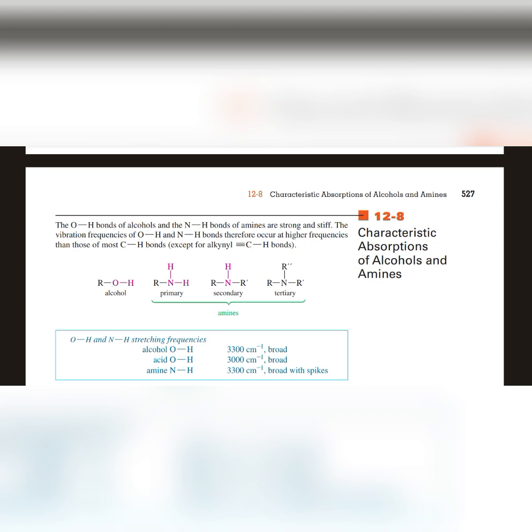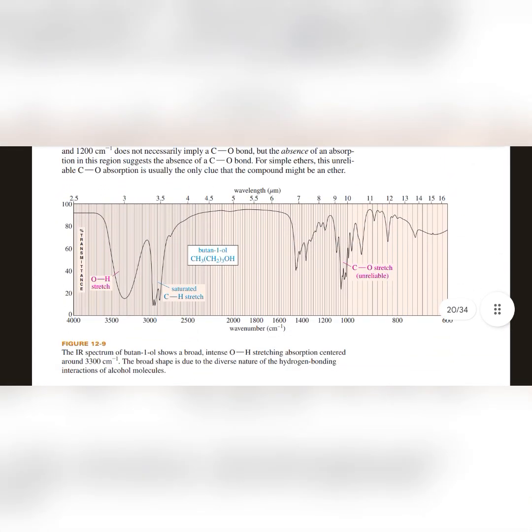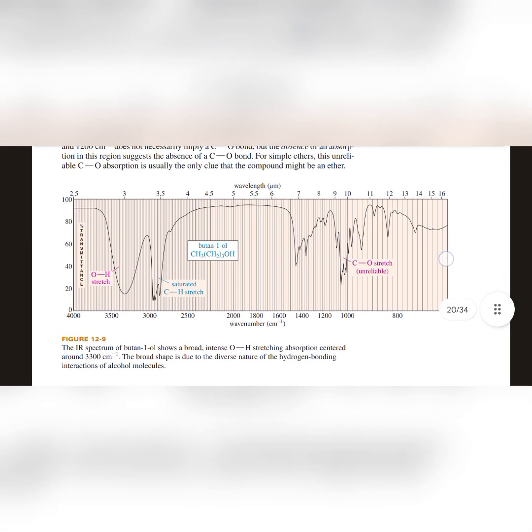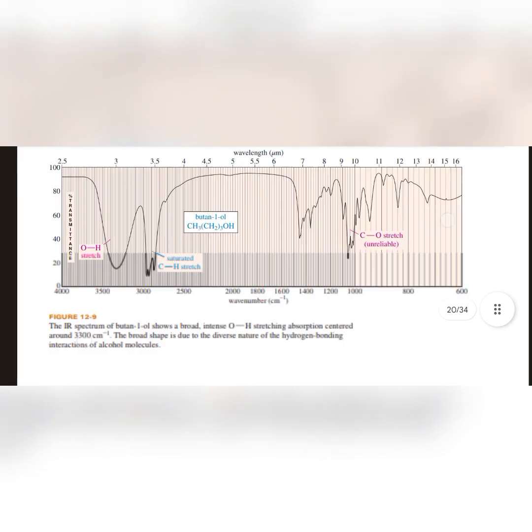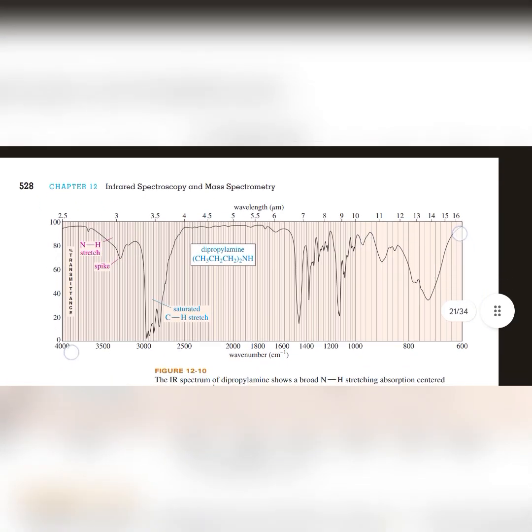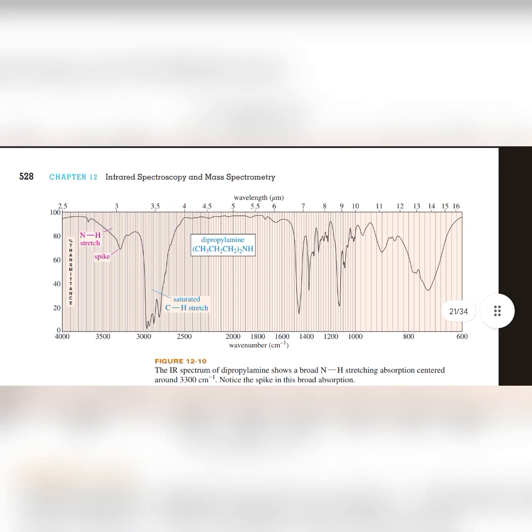Alcohol O–H 3300 cm⁻¹, acid O–H 3000 cm⁻¹, amine N–H 3300 cm⁻¹. Here is a graph. Saturated C–H stretch, N–H stretch, spike.